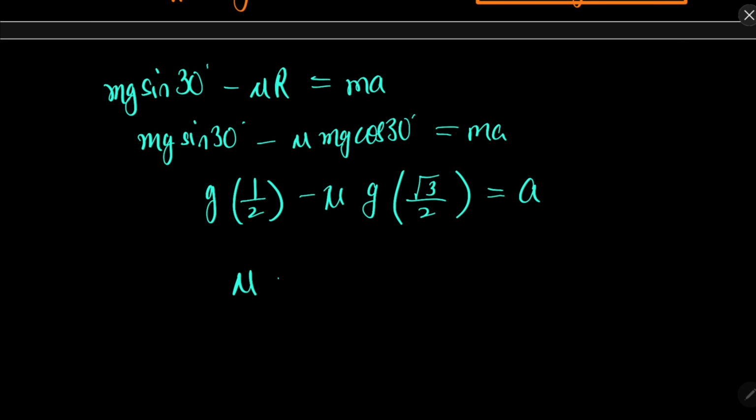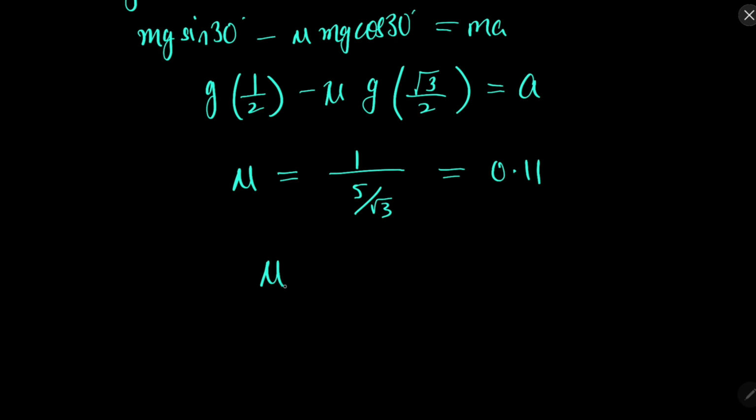After simplification you will find that mu is equal to 1 by 5 root 3. It will come out to be 0.11. So mu equals 0.11.